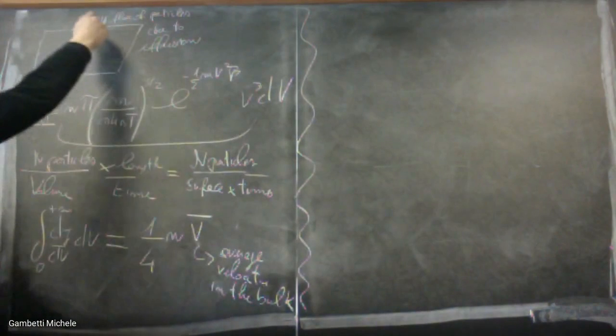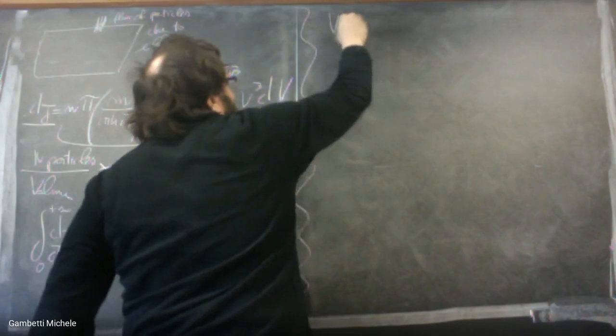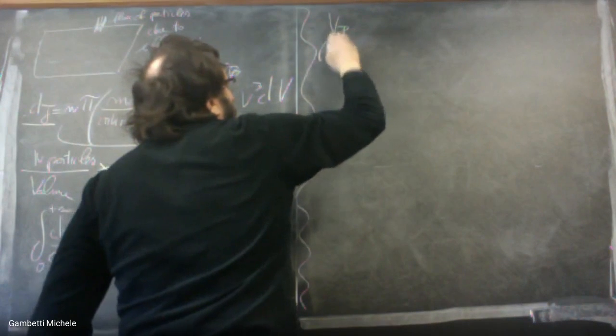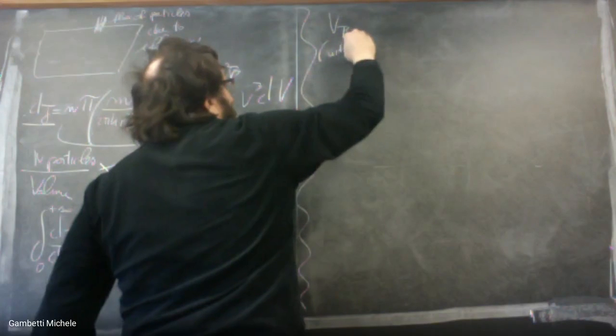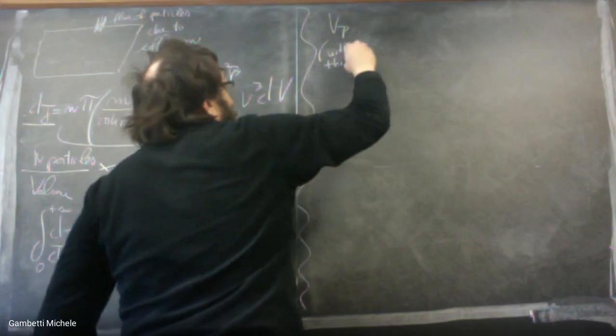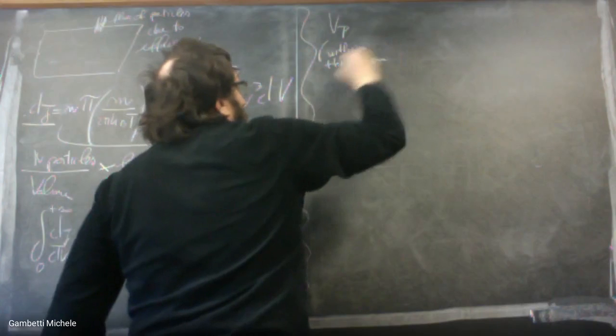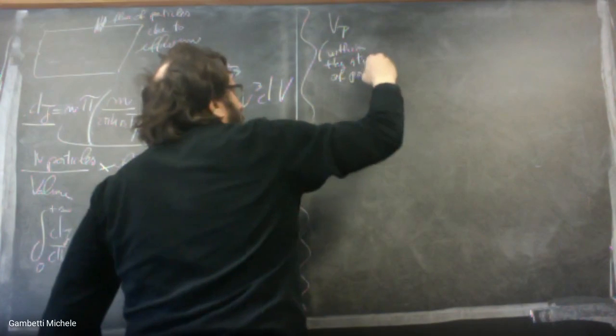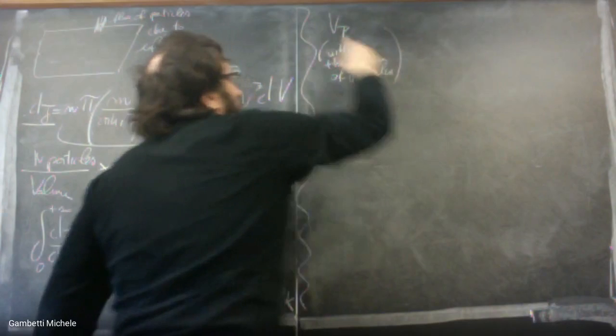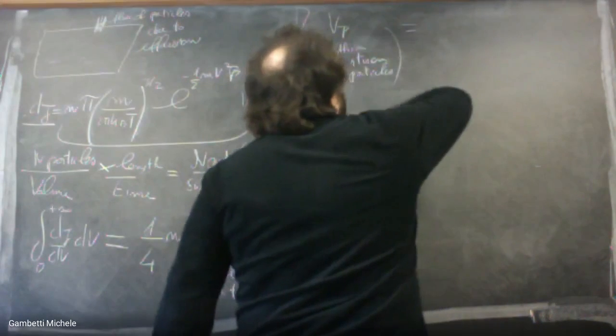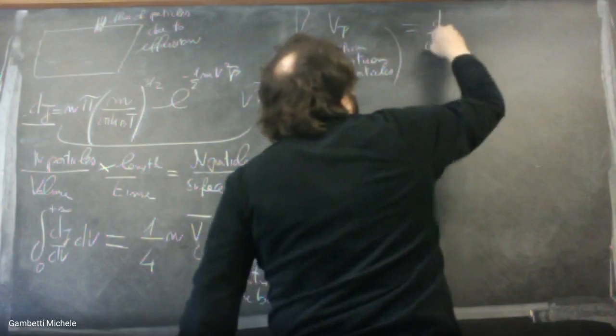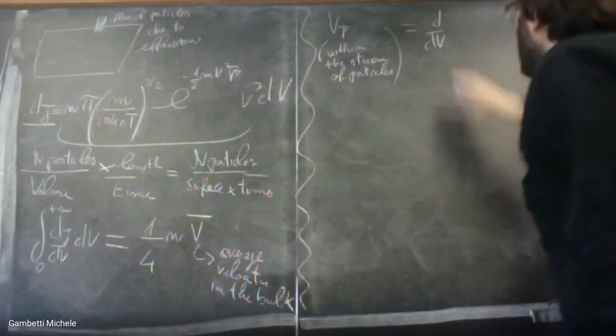So within the stream of particles, if I compute the most probable value of the velocity, then to get this quantity, I have to again maximize with respect to v.